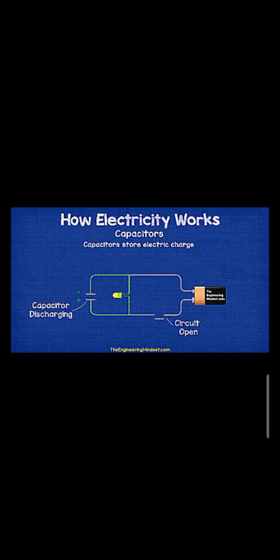And on the right-hand side of the given image, the curved plate with a positive sign is the polarized type of capacitor.